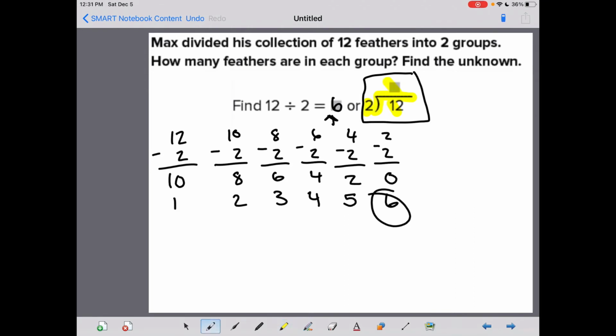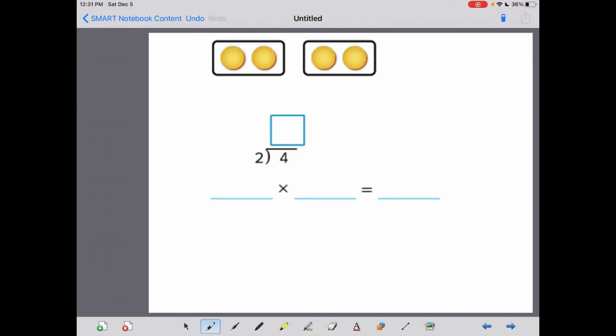So if I wanted to write out this division problem in our new fancy way, I could say I know that 12 divided by 2 is 6. 6 goes down into 12 2 different times.